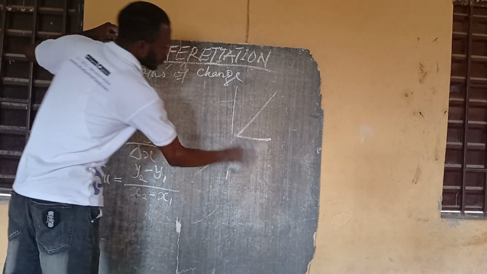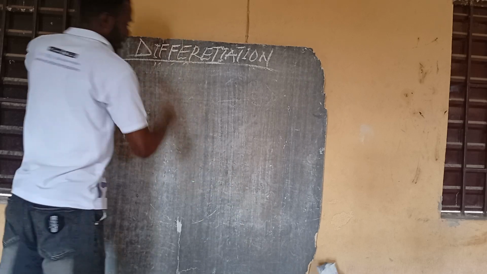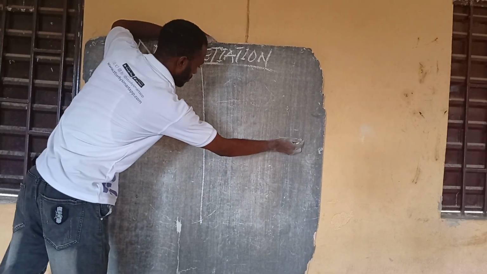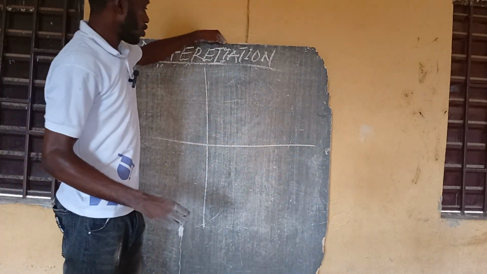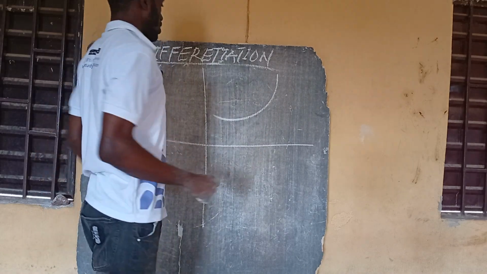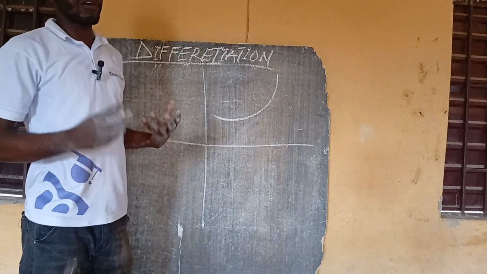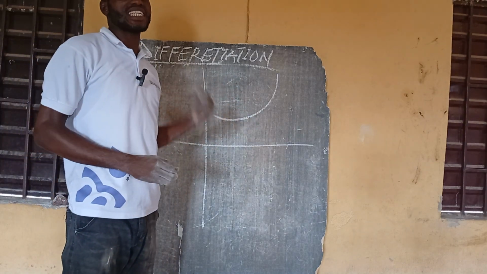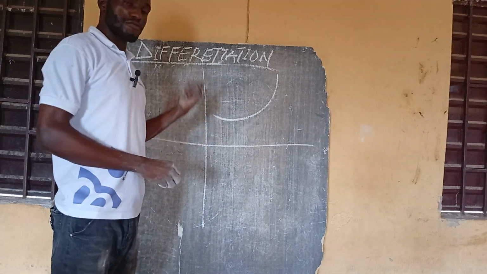Consider this graph, for example. If I have a curve like this and I said you should calculate the rate of change of this curve, what was discovered was that the rate of change of this curve is different at every point, simply because it's a curve.